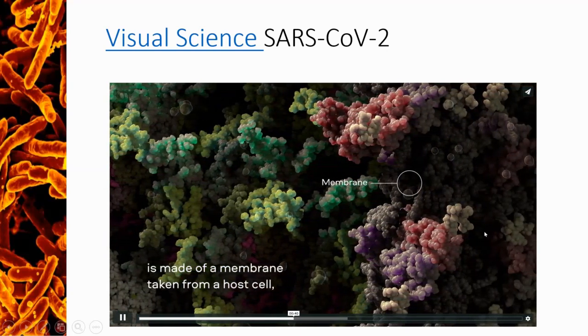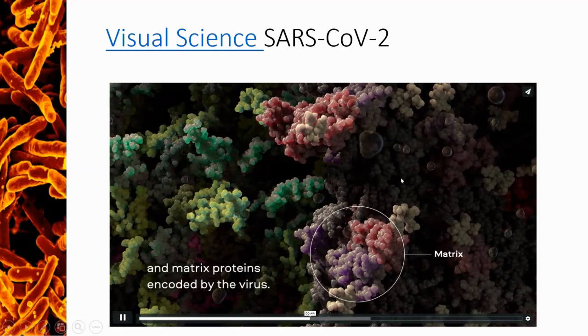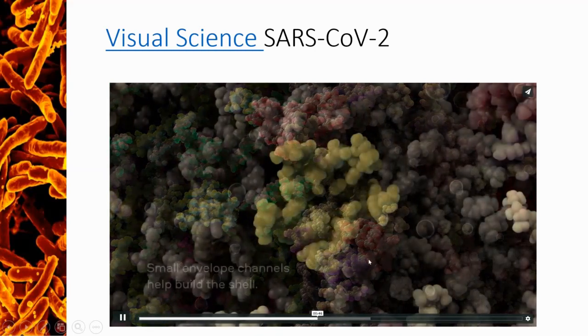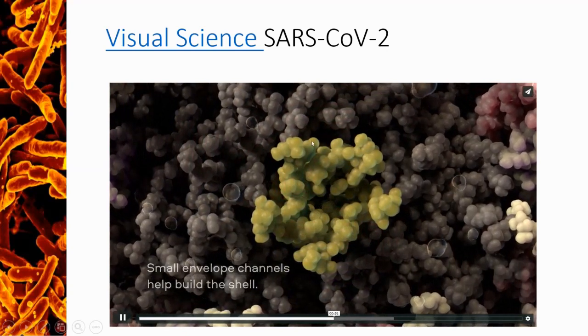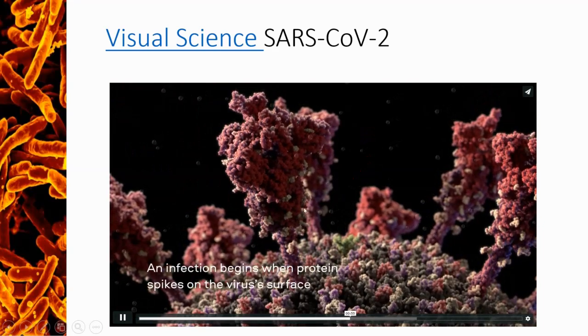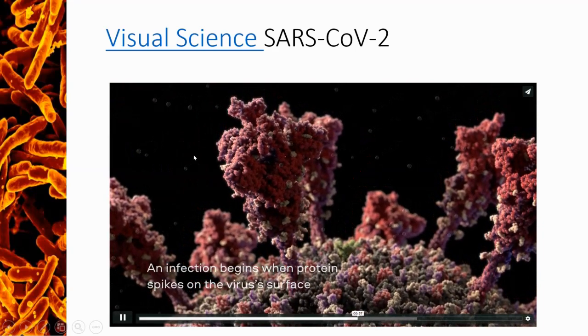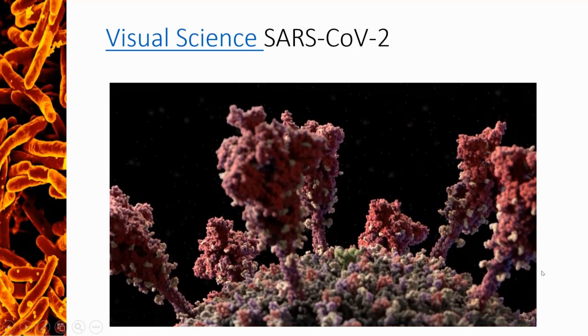And all the gray is that lipid envelope that was taken from the cell itself. That lipid envelope, remember, gets embedded by proteins. So we've got these small channels here that allow molecules to travel through. We also have the big spike proteins that you've heard talked about that are involved with attachment, which we'll talk about in the next video.